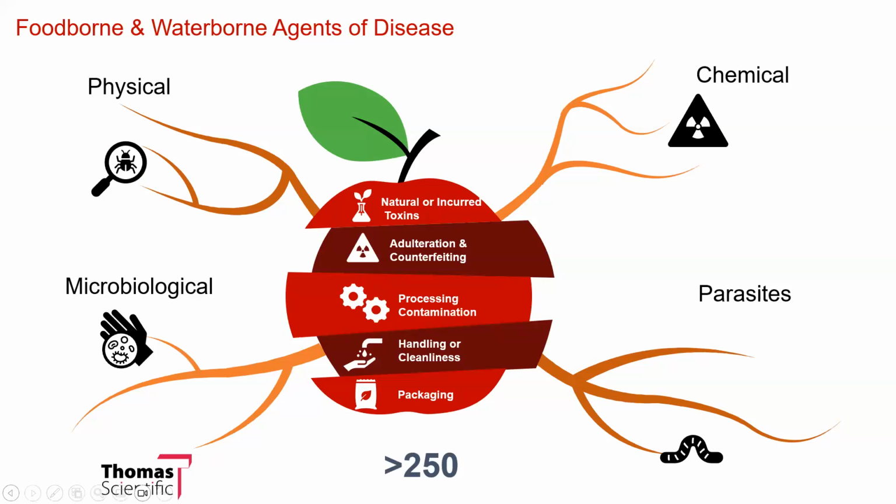It can come from process contamination, from cleanliness or how it's handled, or from the packaging. And these can be physical contaminants like bugs or insects or parasites, or it could be things like microbiological and chemical contaminants. And there are well over 250 different types or categories of foodborne and waterborne agents of disease.